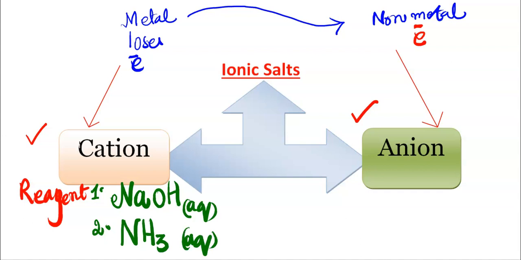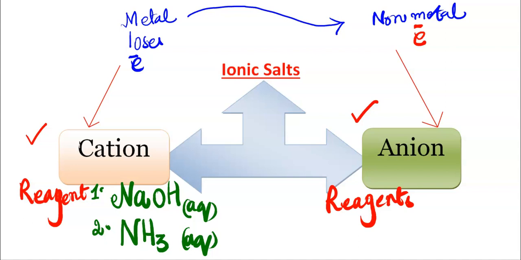And now come to anion. For anion, we have multiple reagents. For different anions, we have different reagents. So you don't have to worry because you are provided with a key for the reagents and their observations.